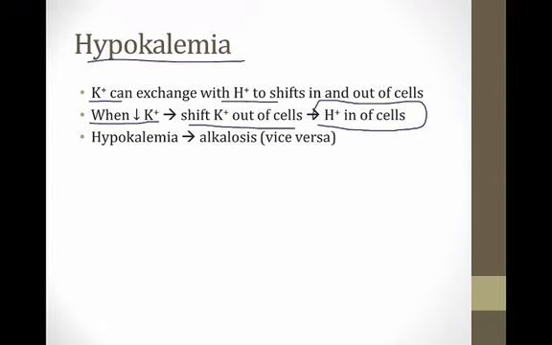So essentially, hypokalemia leads to an alkalosis. Now the reverse is also true. So if you happen to have an alkalosis for any reason, you may see low potassium. More often, the alkalosis causes the hypokalemia, but if you do get severely hypokalemic, that can also cause an alkalosis. The two tend to go together.